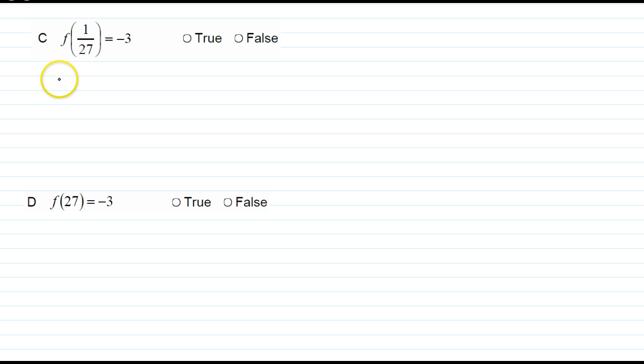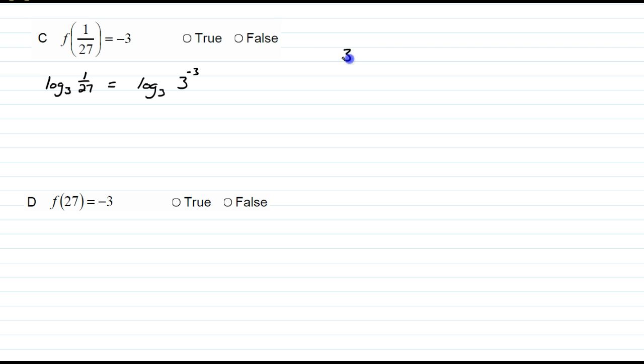Alright, now let's take a look at the next problem. C, log base 3 of 1/27. The same thing, we want to rewrite this with the base of 3. And so 3 to the -3rd.